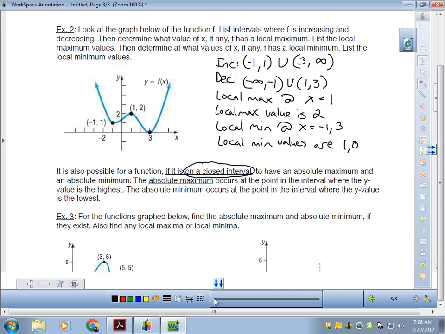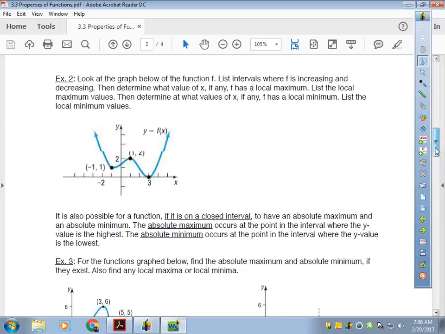Now, what if one side is open and one side is closed? Well, then you might have one of the absolutes, but not the other. Like you might have an absolute max, but no absolute min. Or you might have an absolute min, but no absolute max. It just depends on how it's closed and how it's open. Okay? So let's look at an example of that.